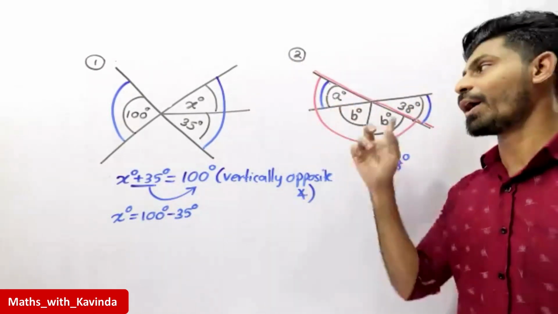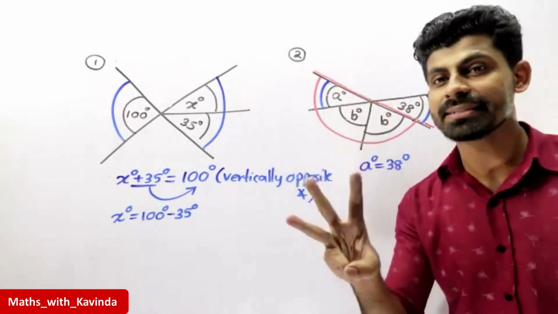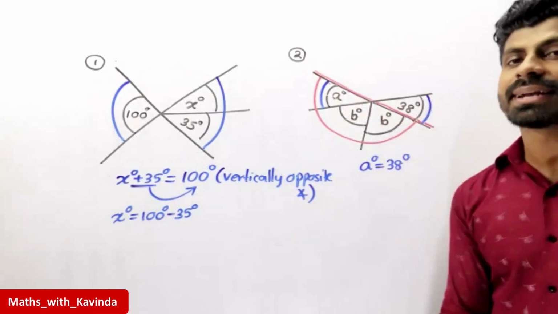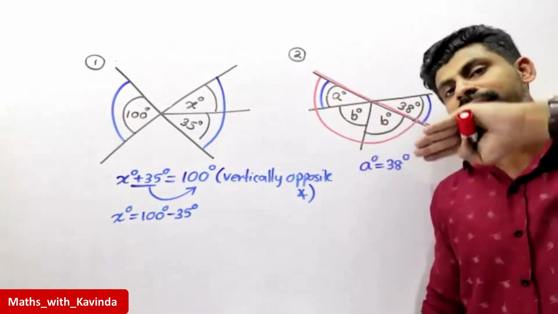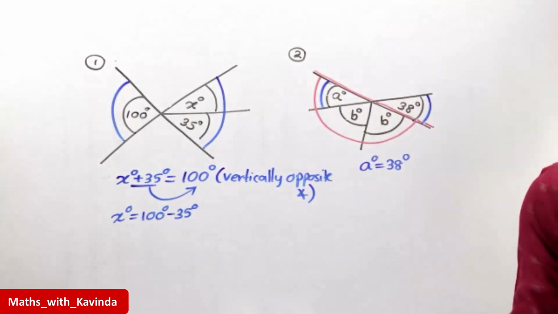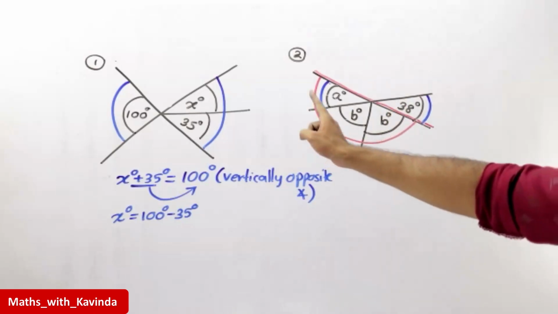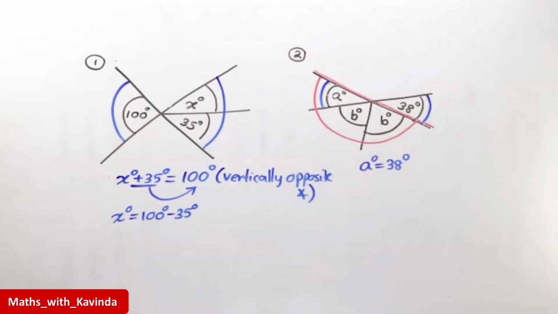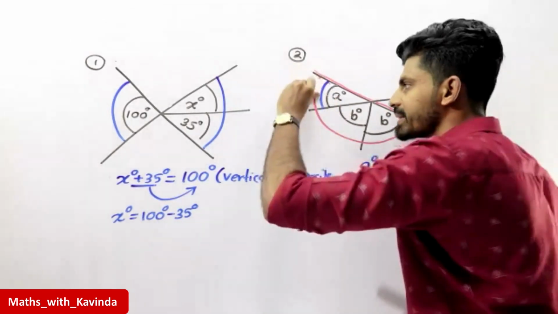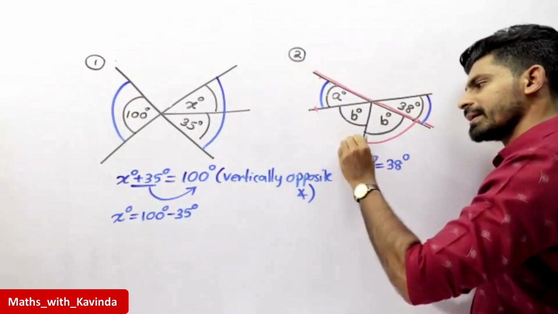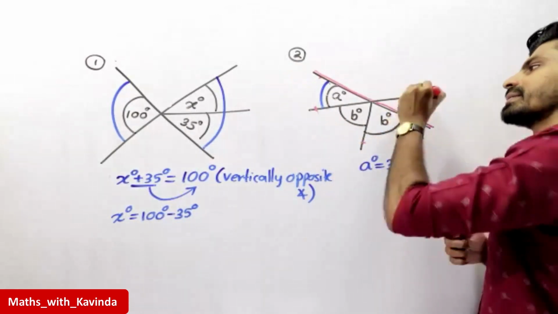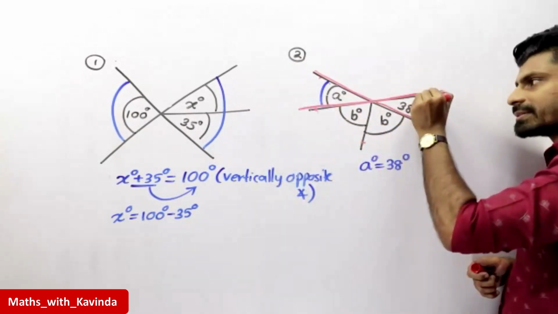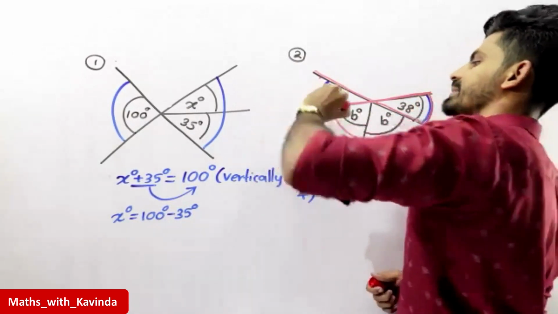Three angles. The addition of those three angles should equal 180, because angles on a straight line add up to 180. So all these three angles should equal 180. Or we can take these three angles.